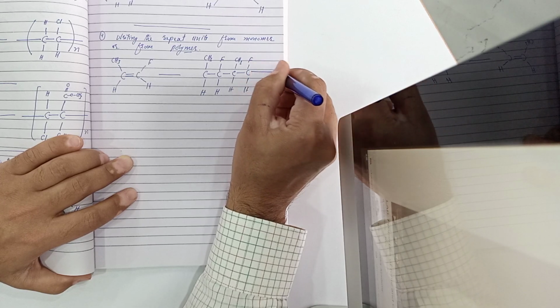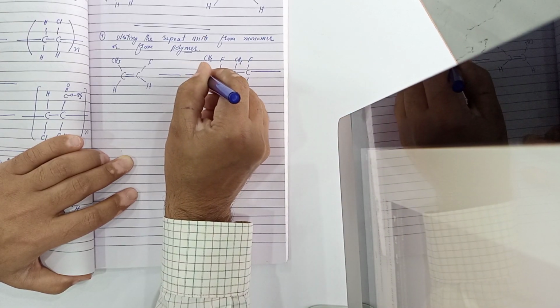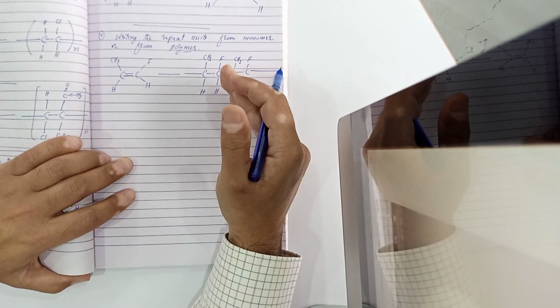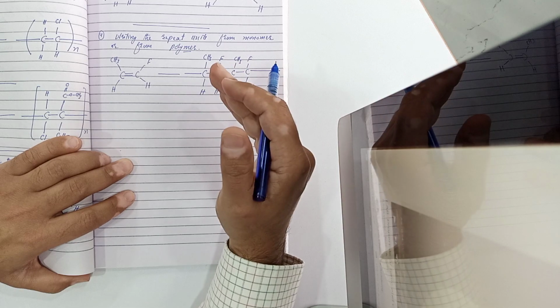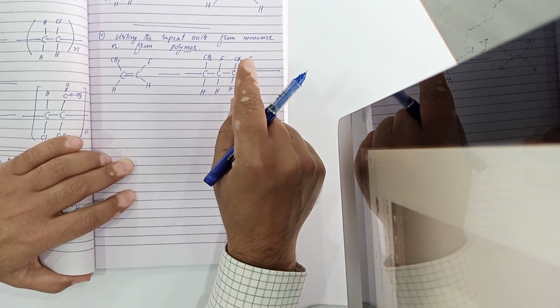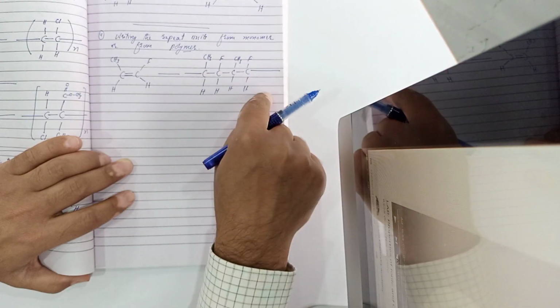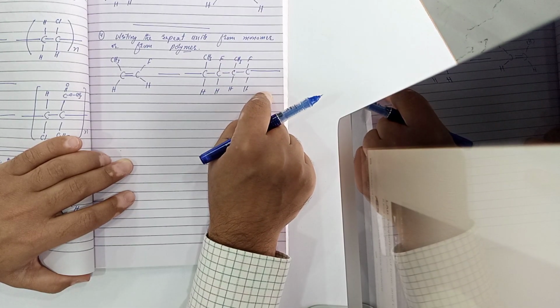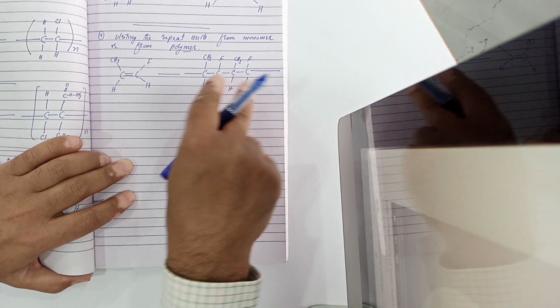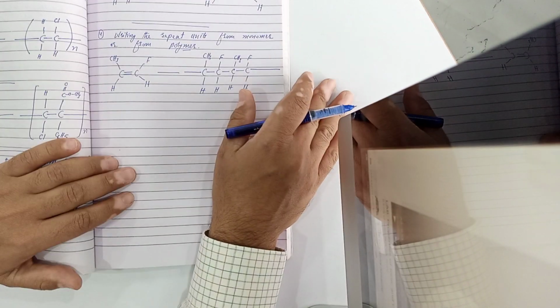Just extend this line and extend this line. When it is directed to write the repeat units, it is not necessary to place the bracket and write the end. As it is directly mentioned, we have to specify the repeat units. So these are the two repeat units, that's it.